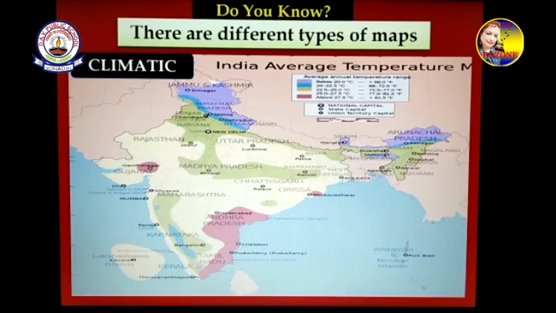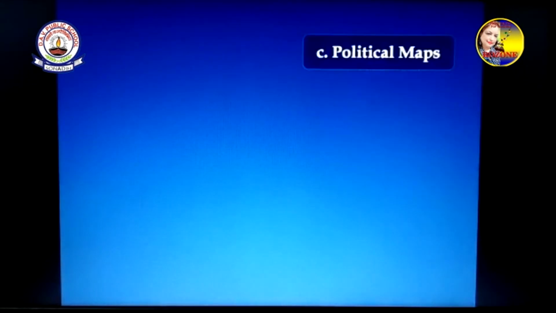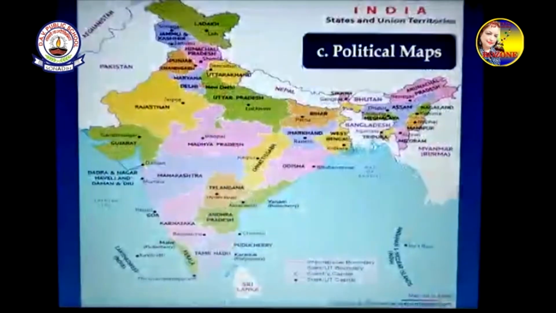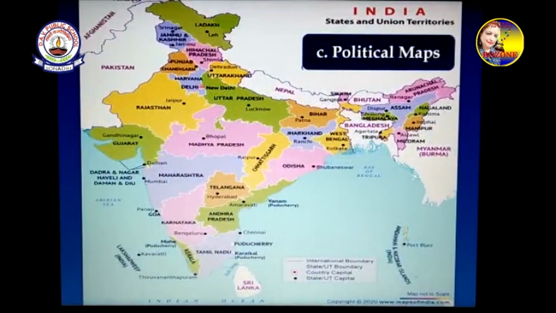This shows the climate of different parts of India, and the world map also will show you the climate of a place. Political maps show you different states. You know about political maps, children, but you have not studied climatic maps up till now; in higher classes you will study them also.